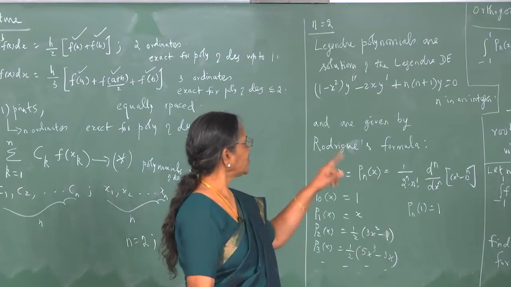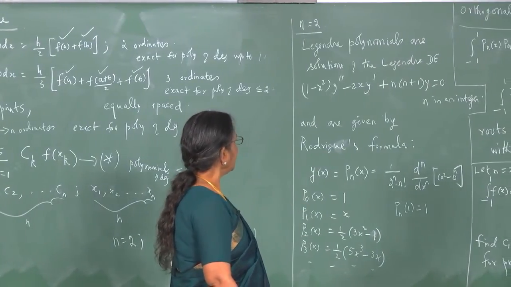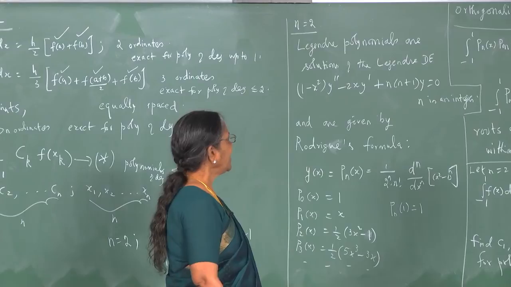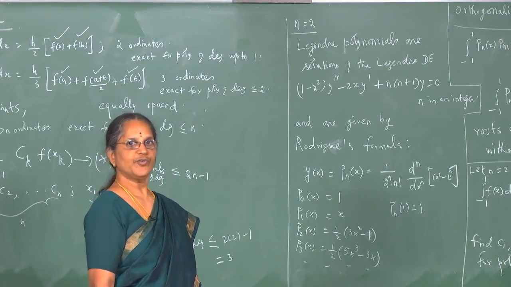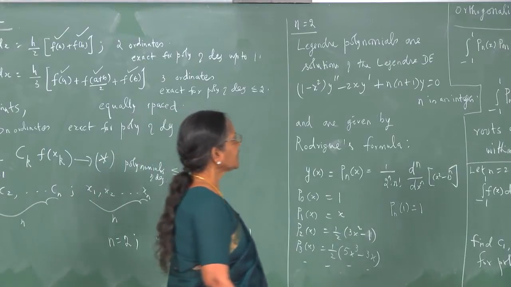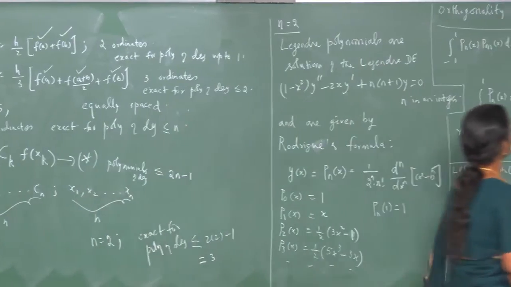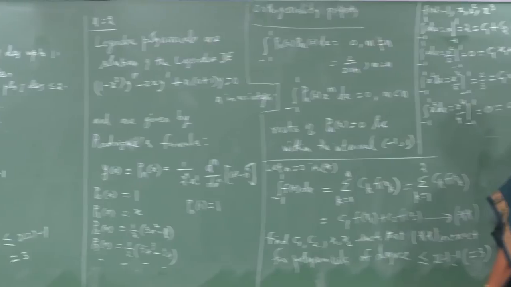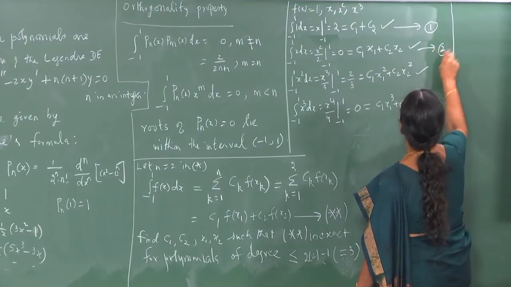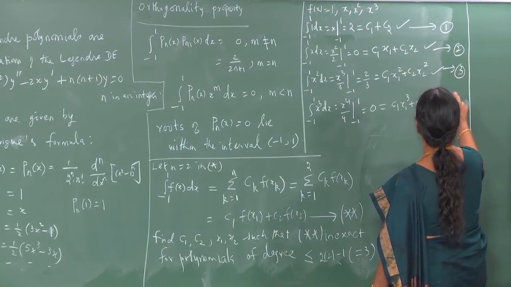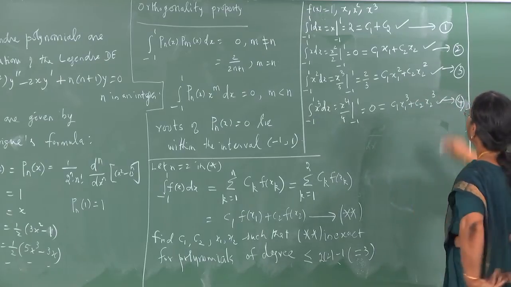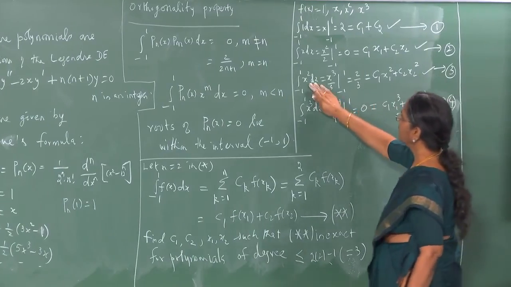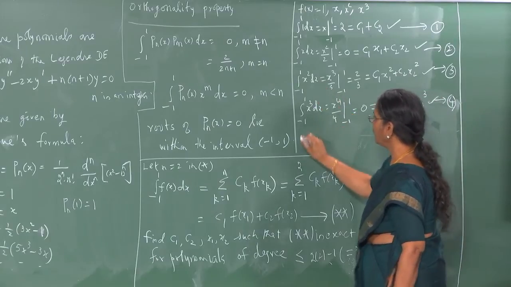So, at this stage we would like to bring in the knowledge of Legendre polynomials that we have and use their properties. So, suppose I call these equations 1, 2, 3, 4. I shall multiply equation 3 by 3 by 2.